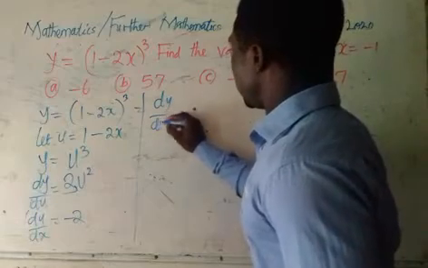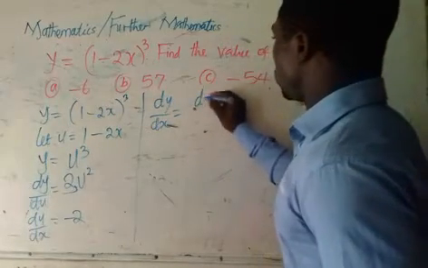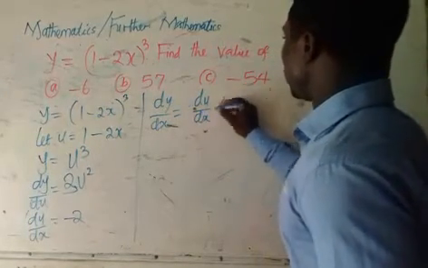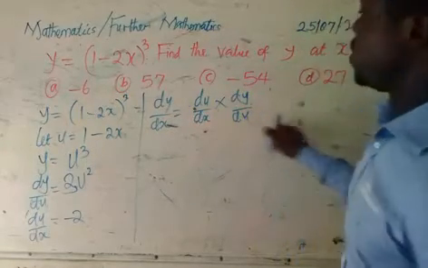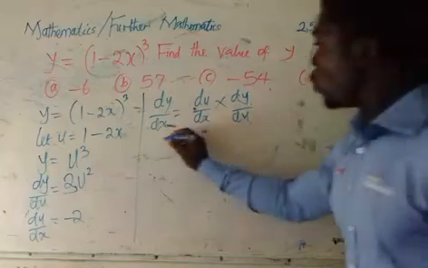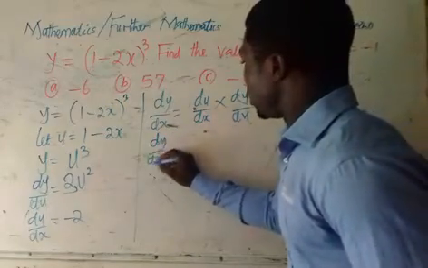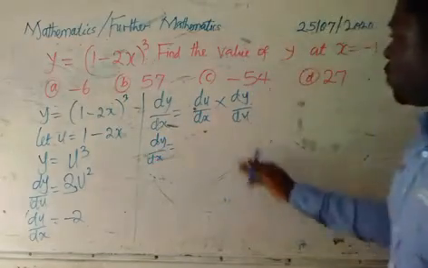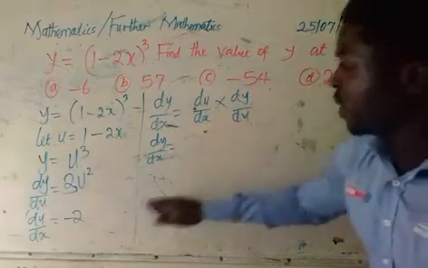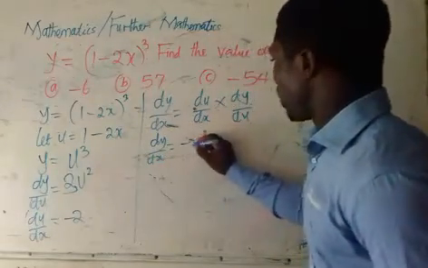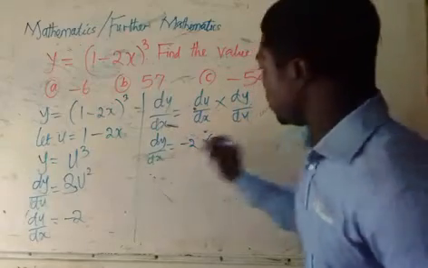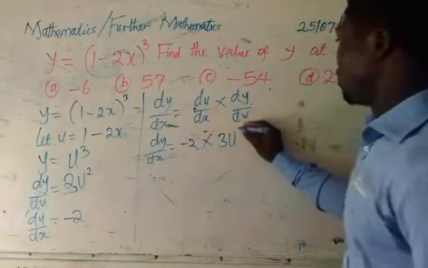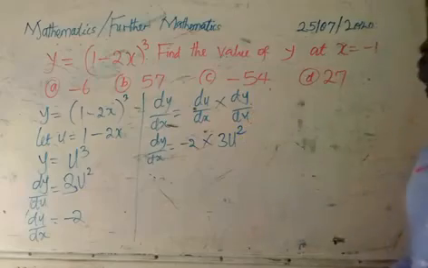dy/dx is equal to du/dx multiplied by dy/du. This is the chain rule. So dy/dx now is equal to, du/dx is equal to minus 2, multiplied by dy/du, which is 3u raised to the power of 2.